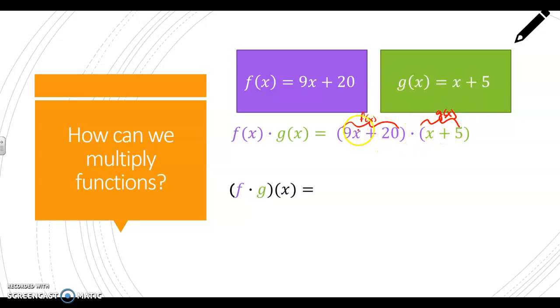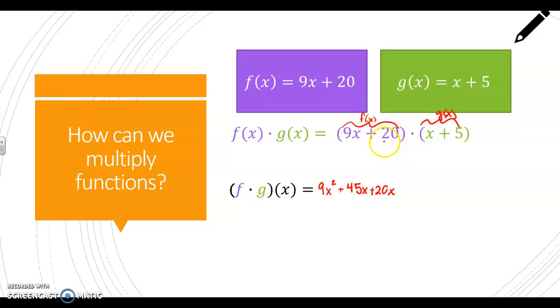So for our first one, we take 9x times x, which gives us 9x squared. So that's our first terms. Our outer terms, we have 9x times 5, which gives us 45x. Our next terms, or our inner terms, I'm sorry, we have 20 times x, which gives us 20x.